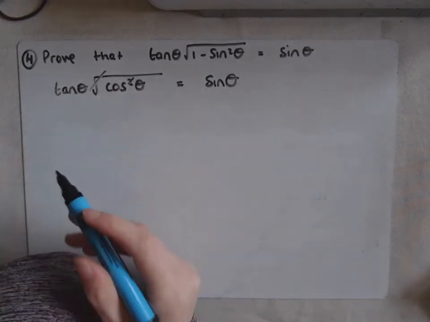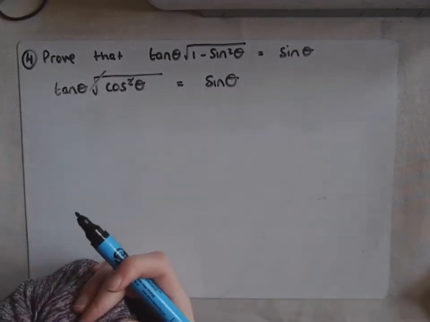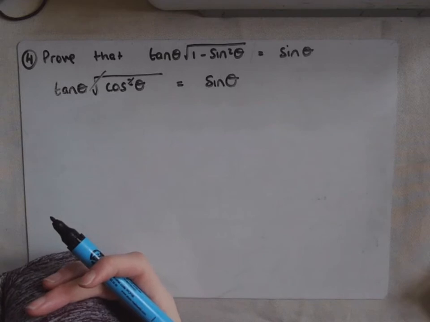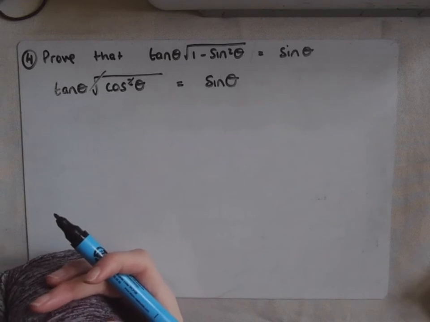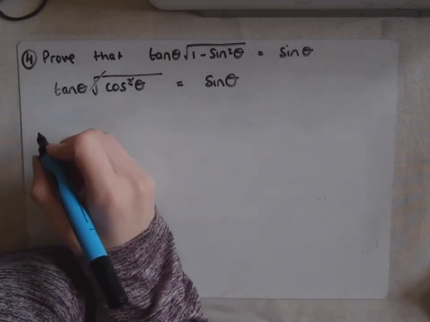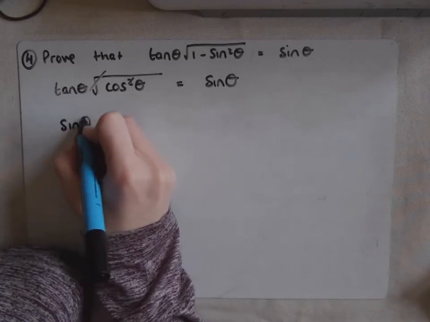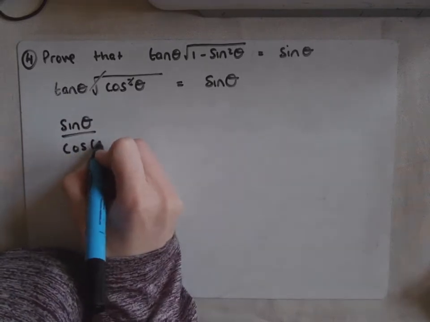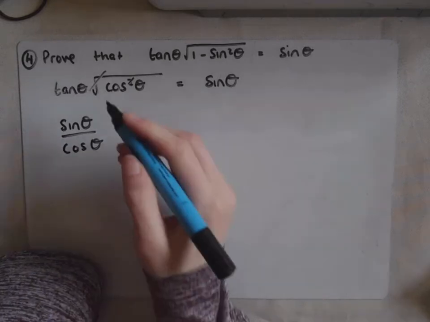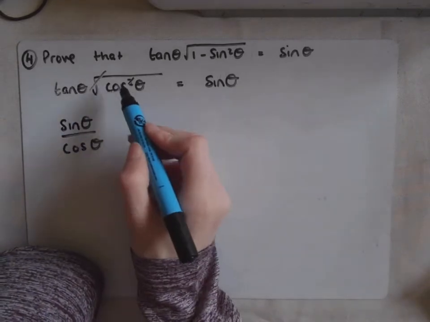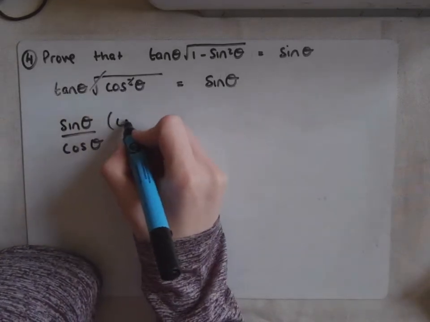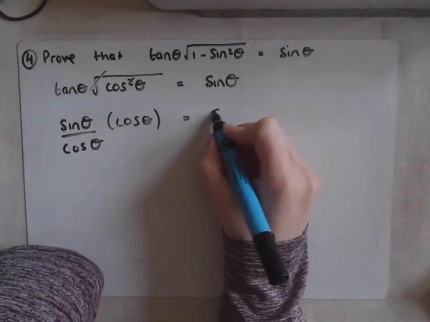Miss Butler, do you not change the tan for this one? You absolutely can as well, yeah. Good job. You can do it whenever, but change that now to sine theta over cos of theta. The square and the square root here cancel, so I'm left with cos of theta.